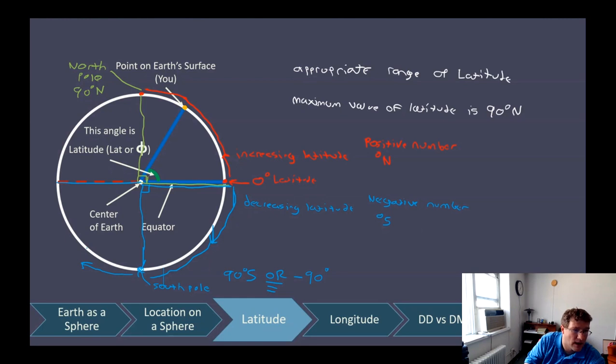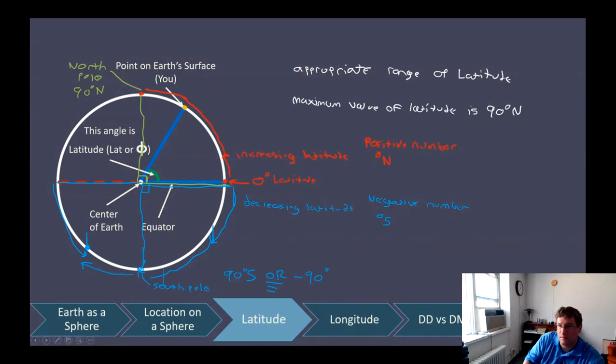So if we were to end up here, we could measure all the way like that, but we don't. Instead, we measure coming from this direction. The minimum value that we can go south is negative 90 or 90 degrees south. If we go past that, we're going back up again, and so we measure from this way, if that makes sense.